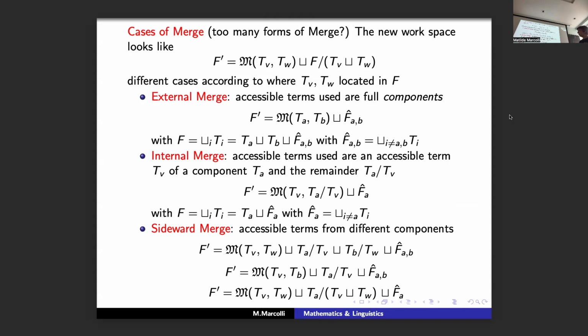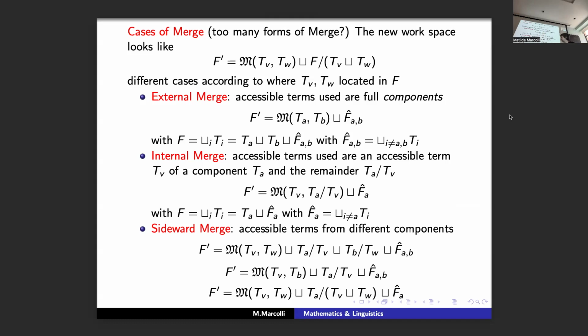Internal merge is the one where you extract a component and merge it with its own remaining piece. This requires a little more explanation, because a priori these two things are in two different places, but I'll come back to this in a moment.